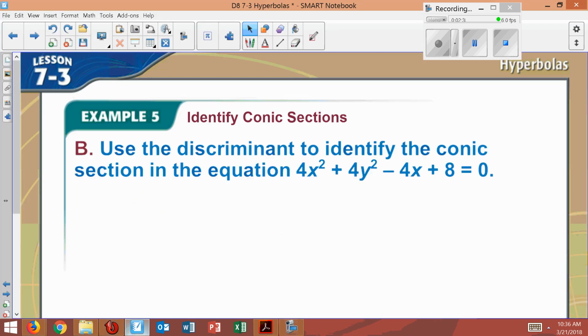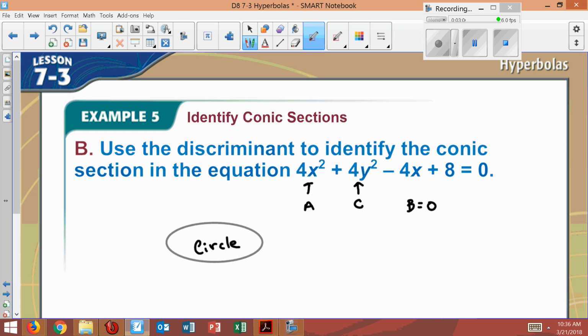Let's check the next. So again, the same formula. Here's our a, here's our b. So they're the same. This looks like it could be a circle. Since there's no xy, since b equals 0, this has to be a circle. So I don't even have to do the rest.